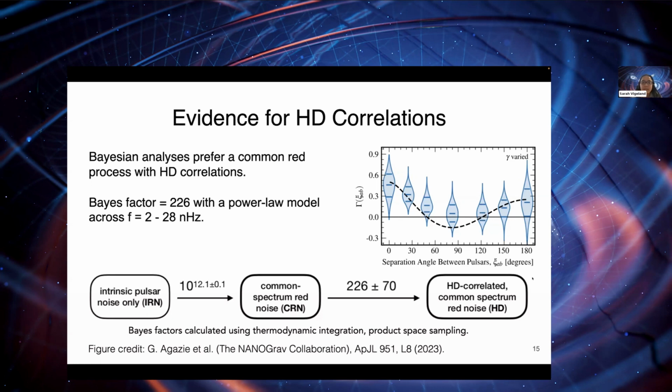Now, when we model this common spectrum red noise, as I said before, we're modeling it over a frequency range from 2 to 28 nanohertz. The figure on the top right is the one I showed before. It is a reconstruction of the correlation coefficients. Here, this is using a spline model with 8 spline points.